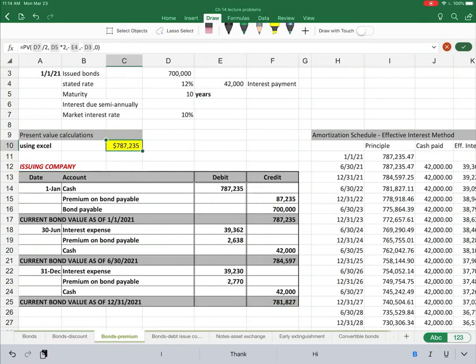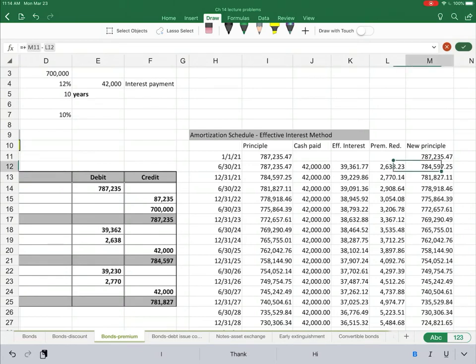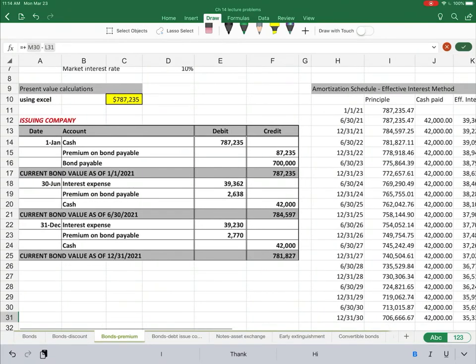Versus the premium, we started high. We started with a value of our bond that was higher than $700,000, higher than our face amount. And then slowly but surely we are amortizing that premium over time so that after the 20 periods, on the maturity date, we wind up with a bond value of $700,000.